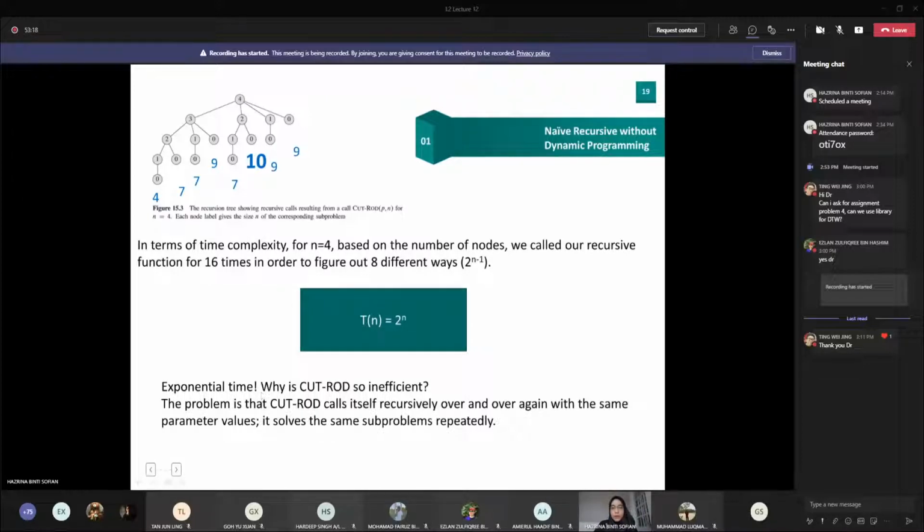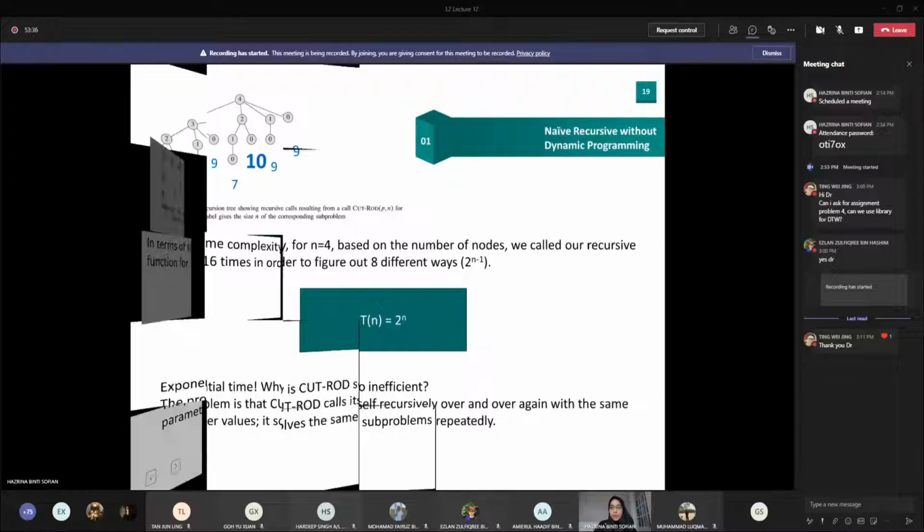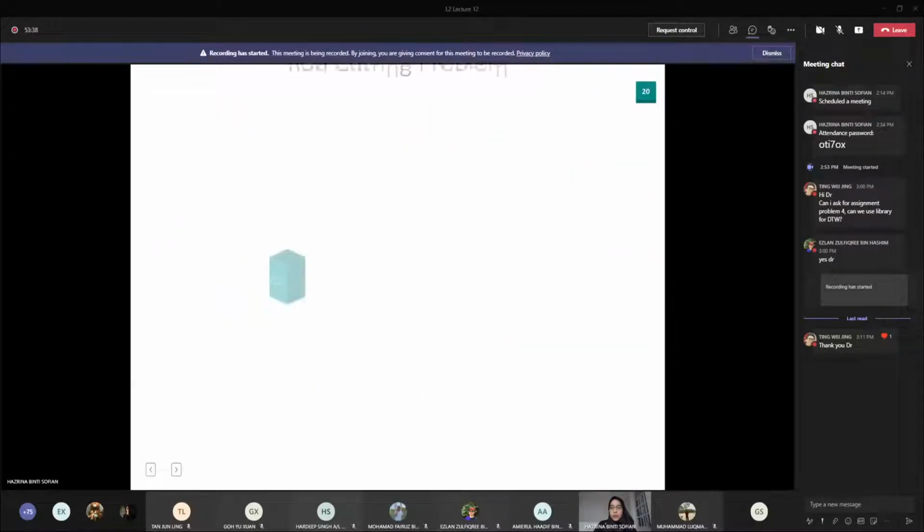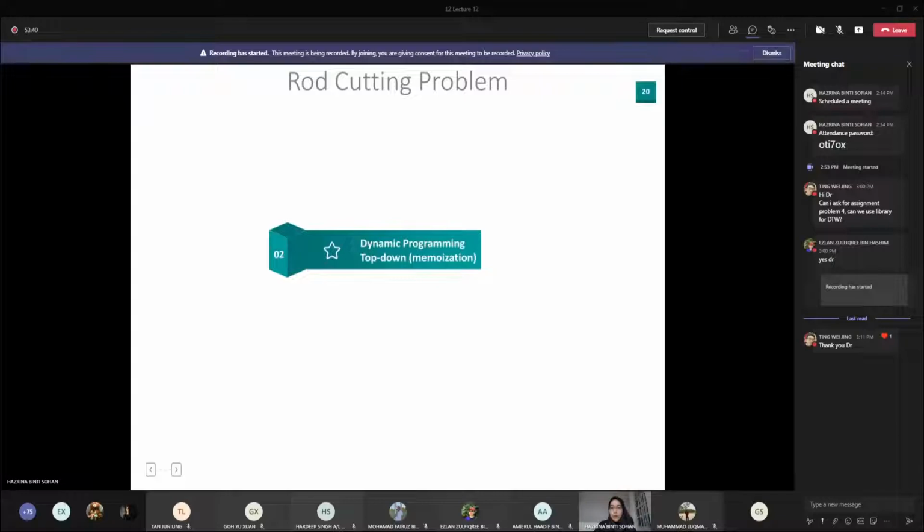So why is cutting rod insufficient? The problem is that this algorithm calls itself recursively over and over again with the same parameter value. They are resolving the same subproblem repeatedly. So that is when we now try to resolve the rod cutting problem using dynamic programming top-down memoization.